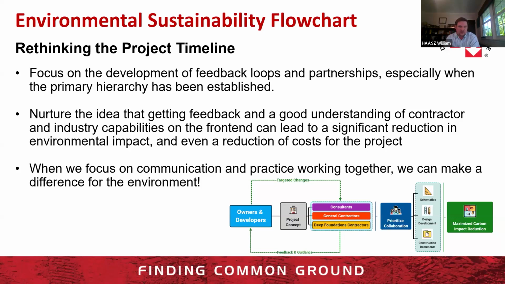And a lot of the times what we're seeing, it can even lead to a reduction of cost for the project, which is a selling point for many owners and developers, if we can highlight that. And when we really focus on communication and practice working together in our industry, we can make a difference for the environment.